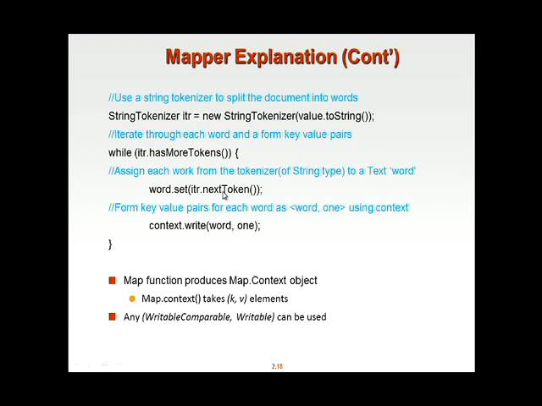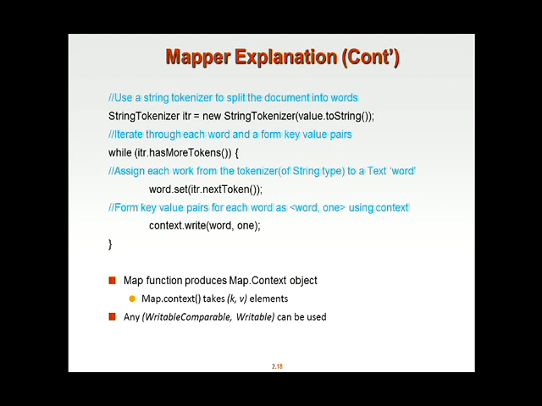As a result, given a document, the map function will produce a list of term and one key value pairs, which will be written to the file system by this context.write command. The context object takes key and value pairs as input. You should remember that the keys must be writable comparable, and the values must be writable.